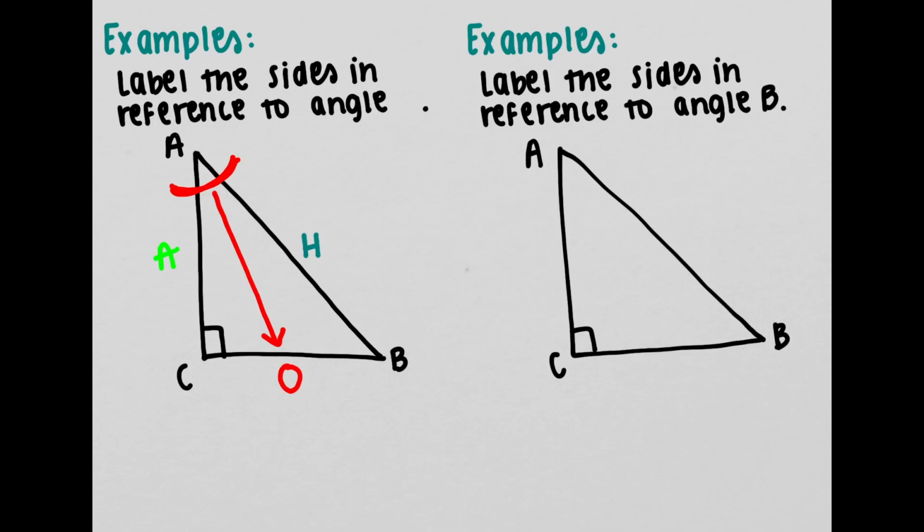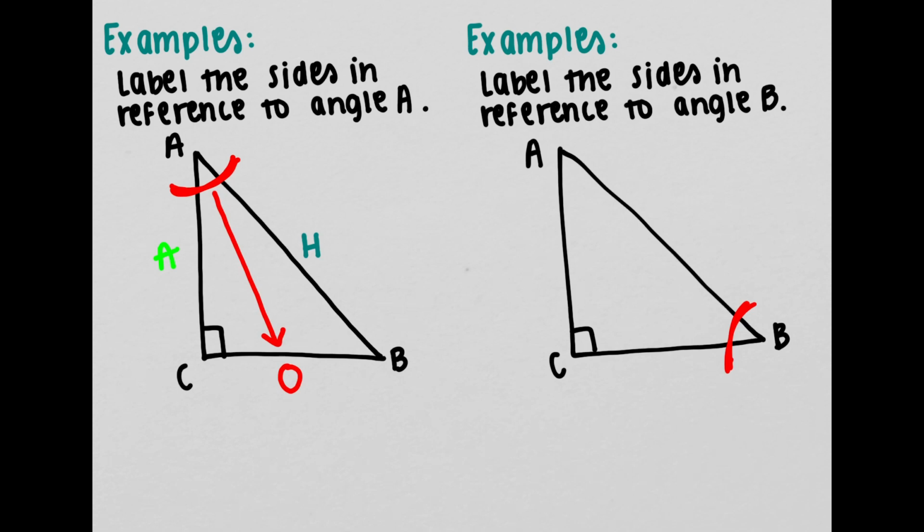So in our second example, we have the same exact picture. What's different is what I'm asking you to do here. I'm asking you to label the sides in reference to angle B. So in the first example, we talked about in reference to angle A. Here, we're talking about angle B. So my first step, as always, is I'm going to mark that angle. I have angle B marked.